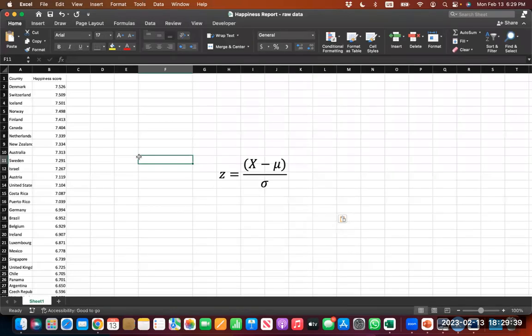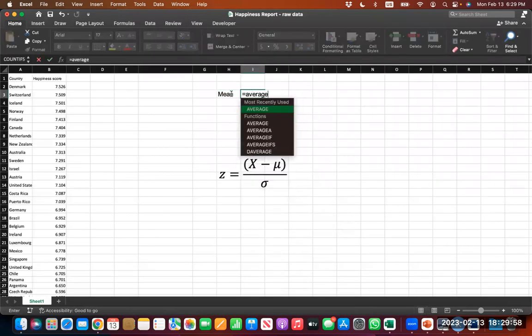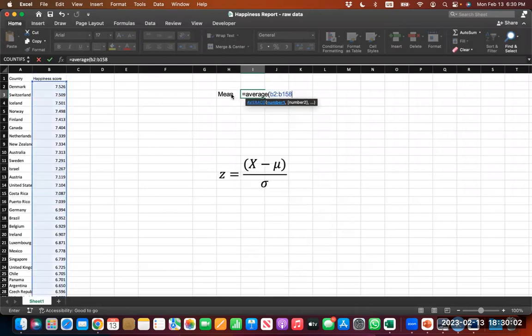We can calculate the mean. That's simple, right? We have the standard deviation. That's simple too. And we have an individual X, and that's the country we're interested in. So if we were to calculate a mean, this is simply the average of B2 to B158.